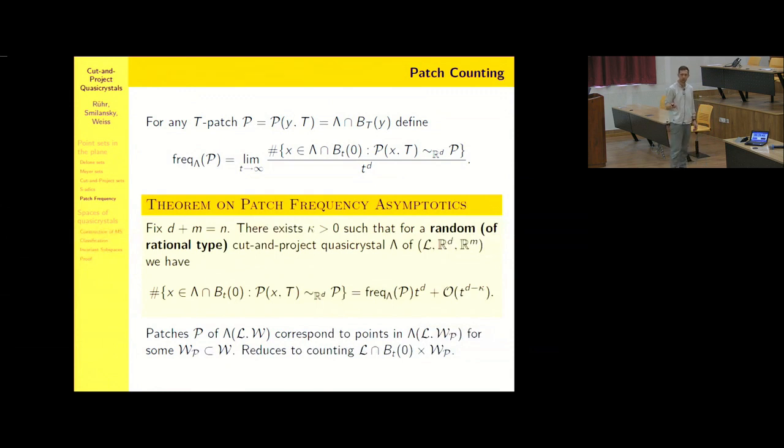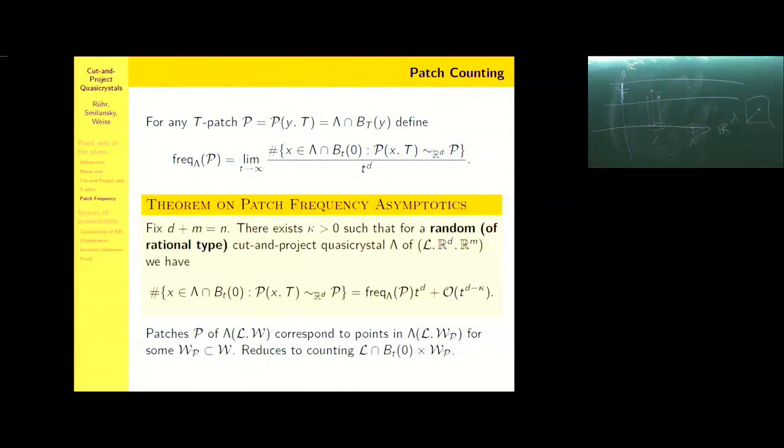And we apply Schmidt's theorem, which appeared quite often in the last two days, to do that.